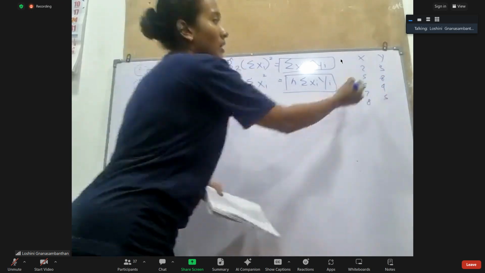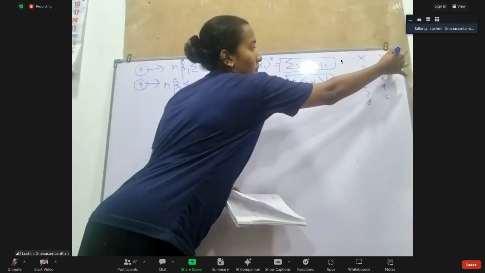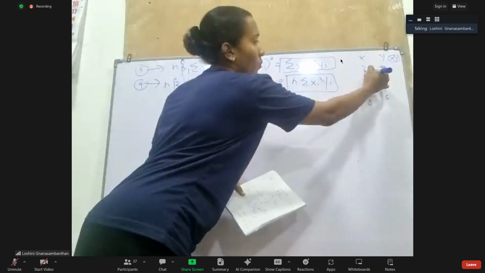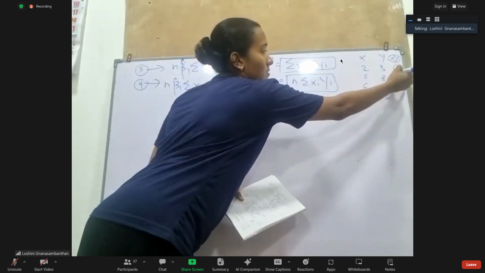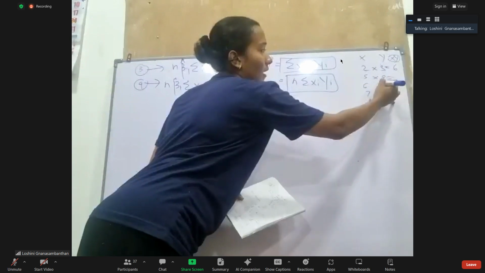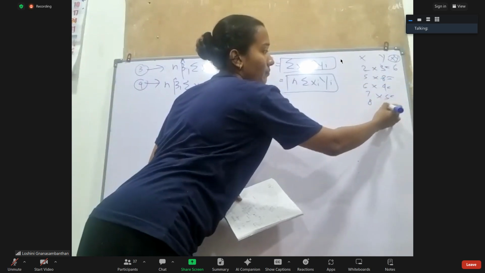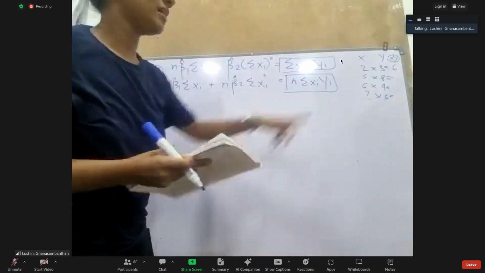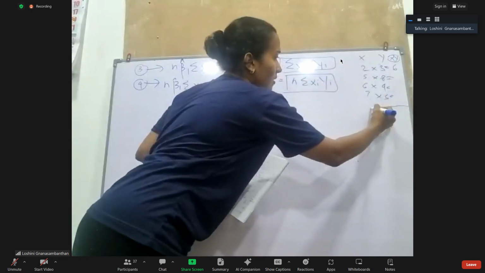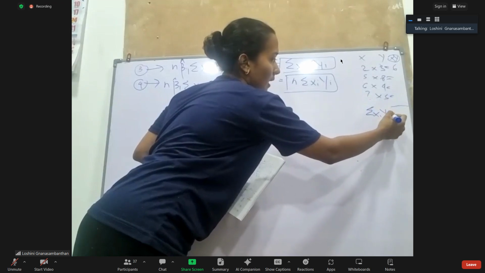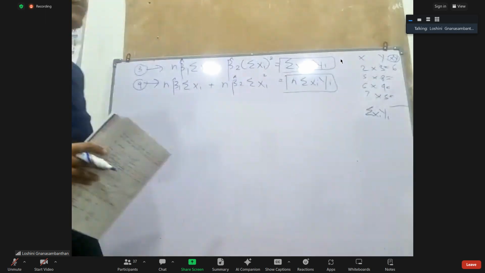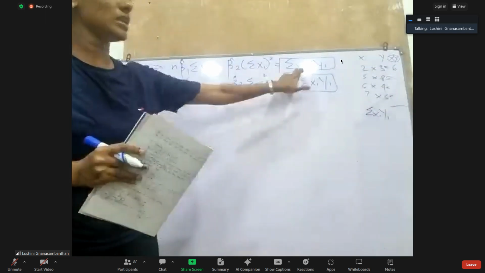Now the multiplication of these, like 2 into 3, 6, like that. If you multiply these and take the answers here, the addition is your sigma xi yi. That will be higher than this.